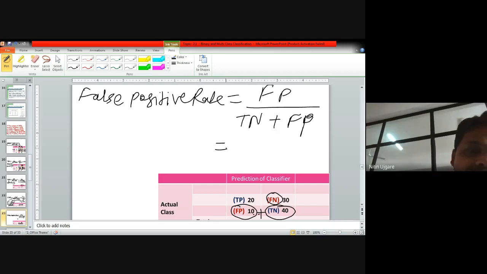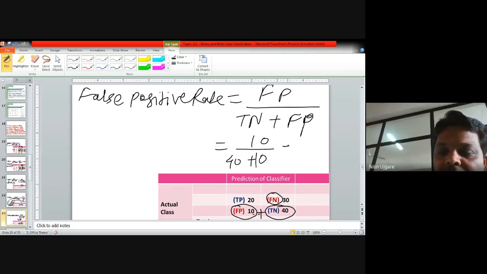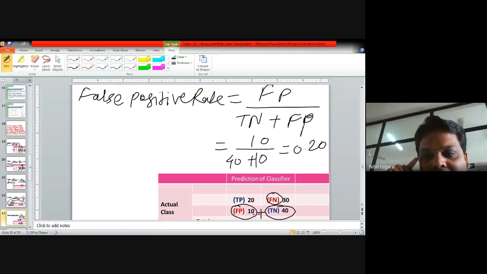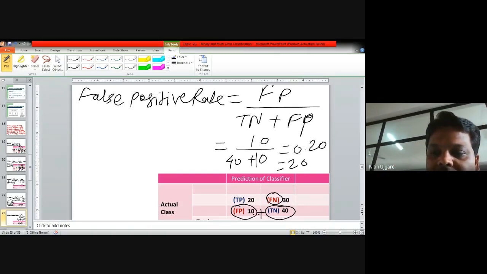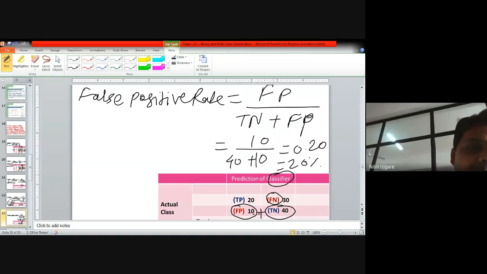FP we have got as 10, divided by 40 plus 10, which gives me the answer 0.20. Okay, got it. That means 20% of negative class instances are misclassified by our classifier. So the false positive rate is also called fallout.